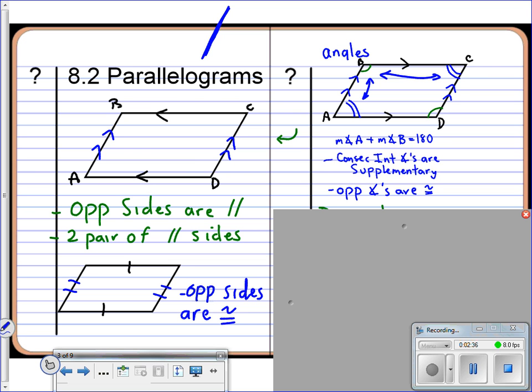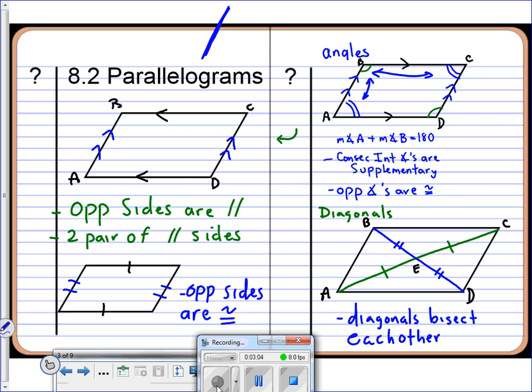Consecutive angles are supplementary. So keep in mind, when I tell you that angles are congruent, that's an indication of what kind of equation I'm going to write. If I tell you consecutive interior angles are supplementary, then when you write a relationship between these two, you should say the green one plus the blue one equals 180 degrees, and you simply solve for it.